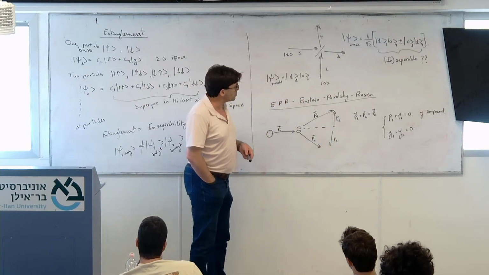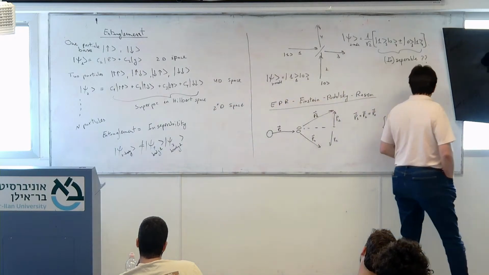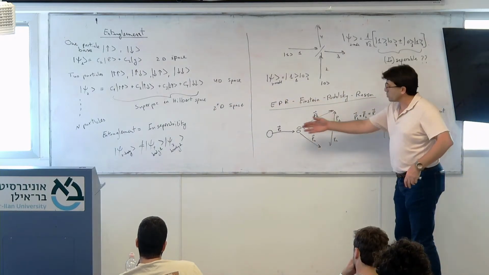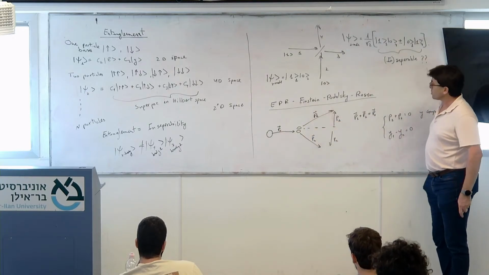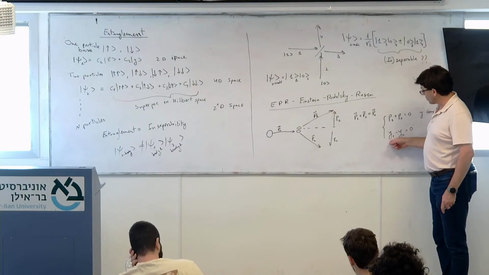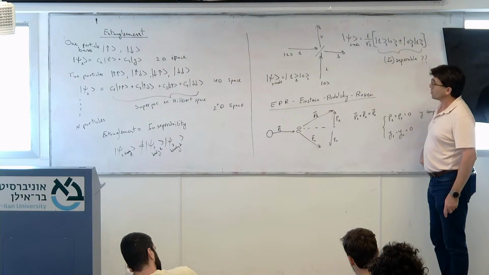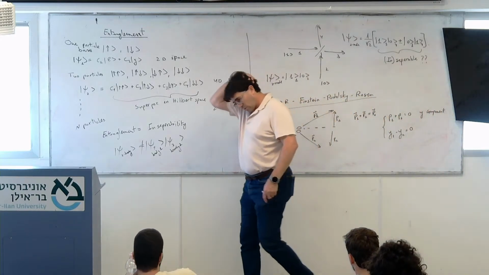But I do know that the sum of their momenta equals the momentum of the father particle, in this case 0, and that their position difference is 0, because they were emitted from something.